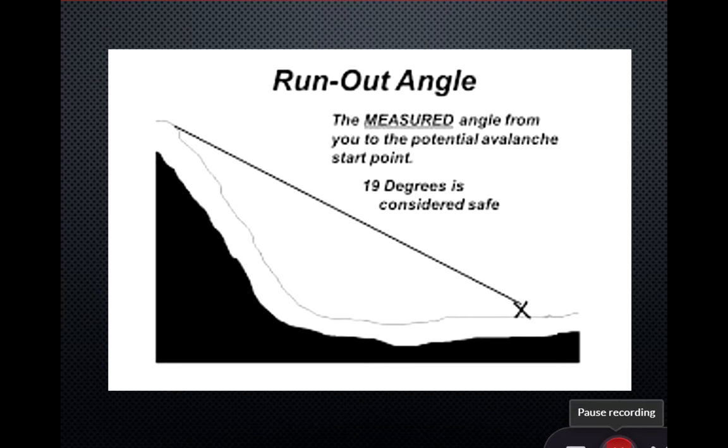And we want to measure that angle and keep it at about 19 degrees or less. There have been situations where avalanches have run a little further than that, but generally speaking, 19 degrees is a good rule of thumb for determining if we're in the potential path for an avalanche.